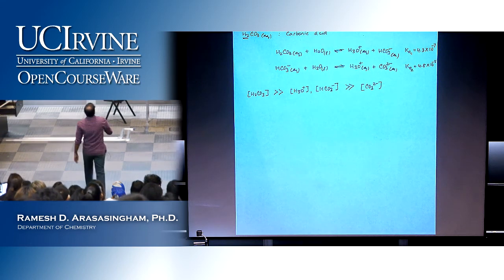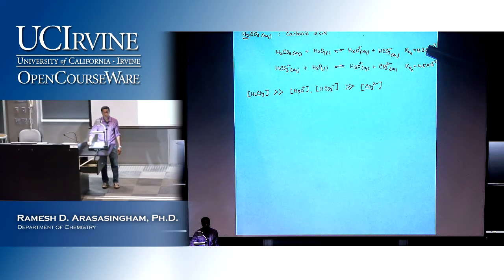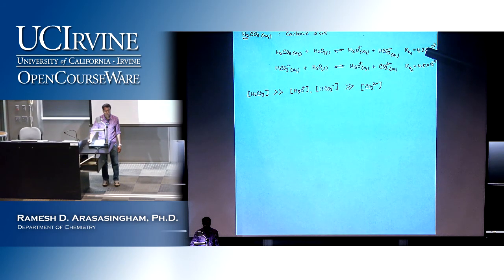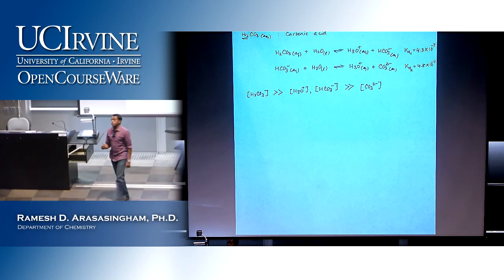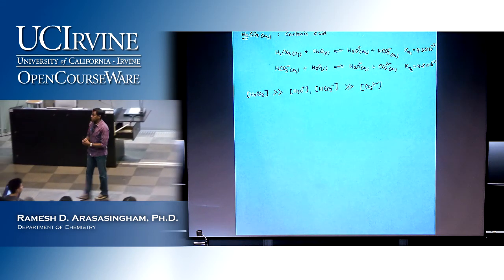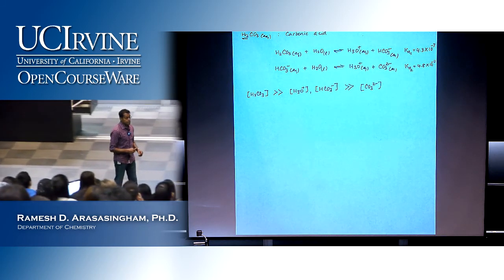Because of the magnitudes of the first and second acid dissociation constants, we can make some estimates about the relative concentrations of all the species in solution.